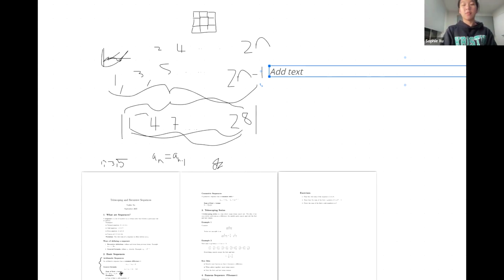Does this make sense so far? Wait, let me write that out.